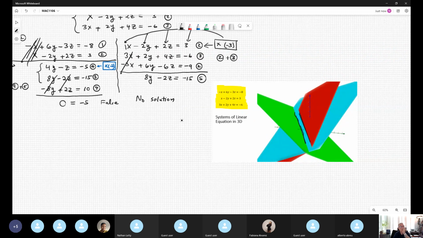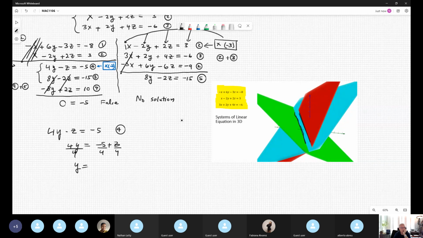Let me copy 4y minus z equal negative 5, equation 4. Now to understand this, let me isolate the y. 4y is equal to minus 5 plus z, divided by 4.